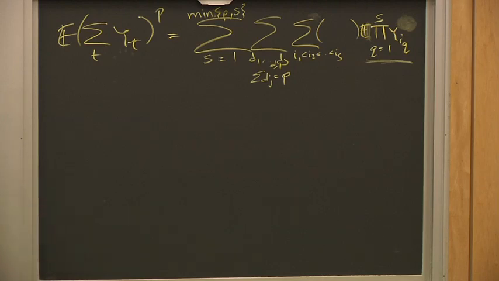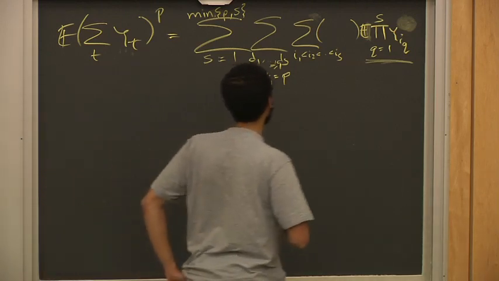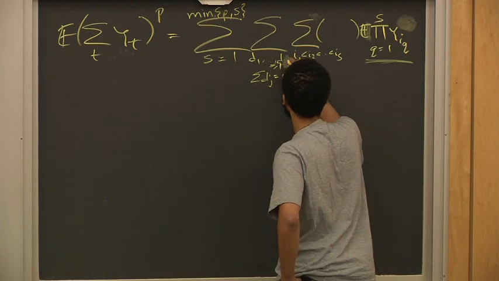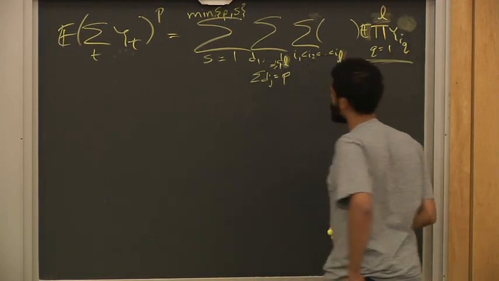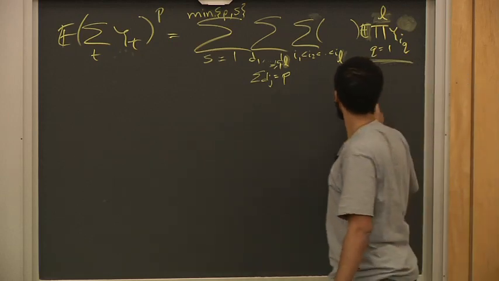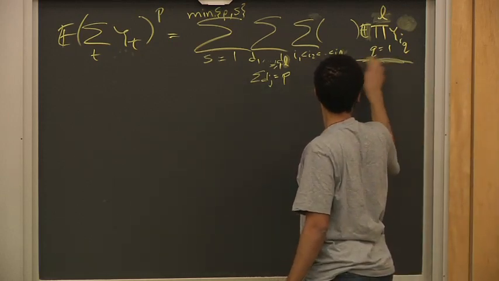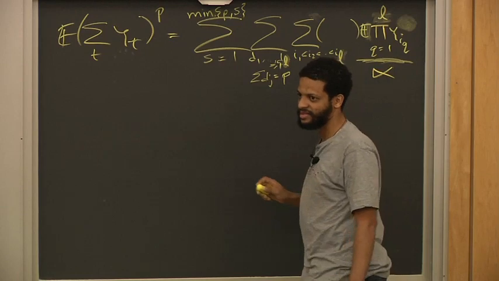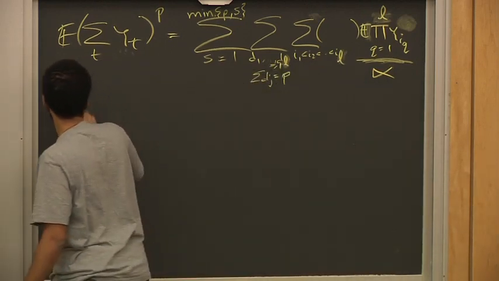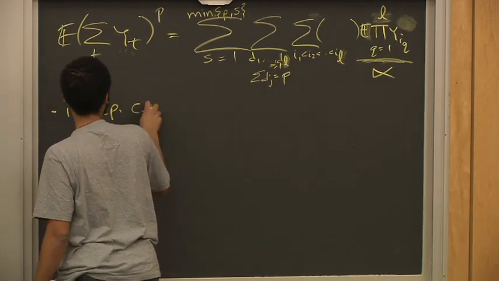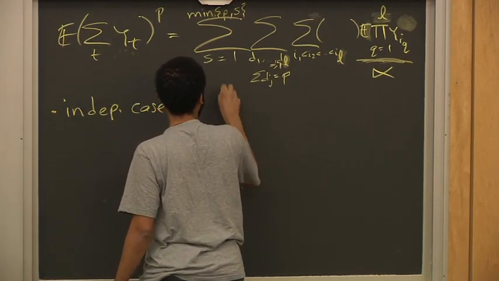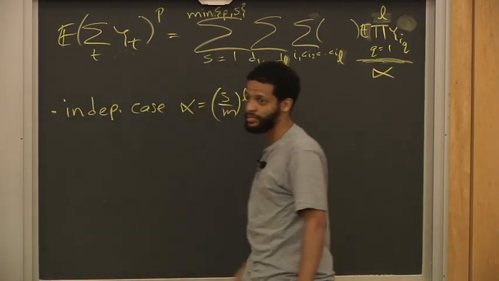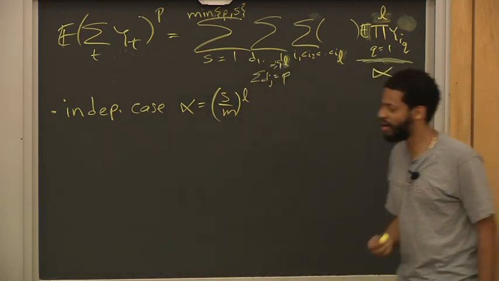Oh, yeah, sorry, I shouldn't have used s again. Let me use l. So in the independent case, let's look at this number, call this number alpha. In the independent case, alpha is (s over m) to the l. How about in our case?